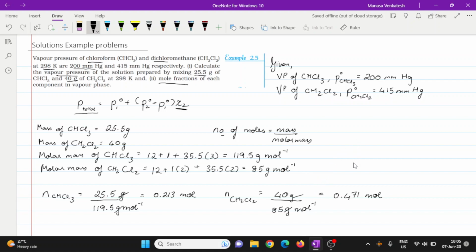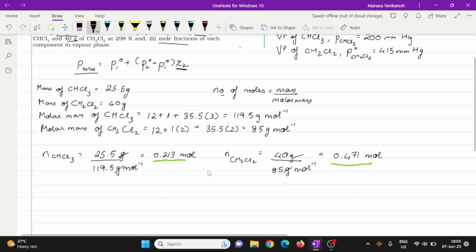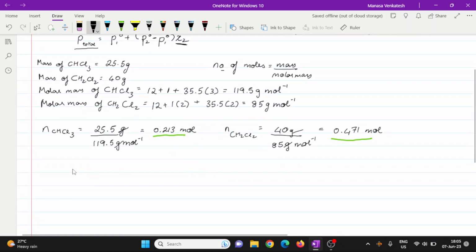And to calculate the mole fraction, you need the values of the number of moles of each of these components. So you have the number of moles of chloroform as 0.213, and for dichloromethane 0.471. So now we can calculate the mole fraction. Let me scroll down a little bit.